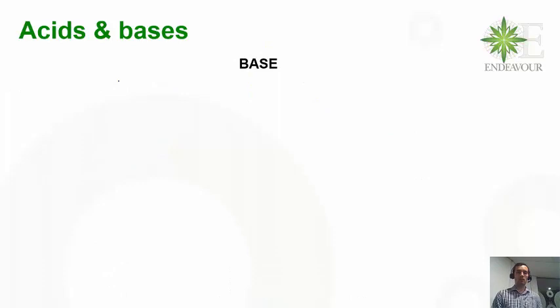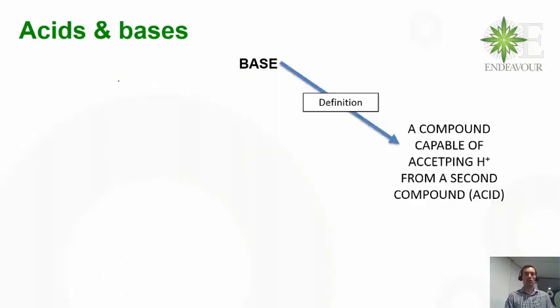So the base is the other half of what we need in an acid-base reaction. So we can define a base as a compound capable of accepting H plus from a second compound, and that second compound is the acid. So essentially what's happening in an acid-base reaction is we've got the 2 reactants.